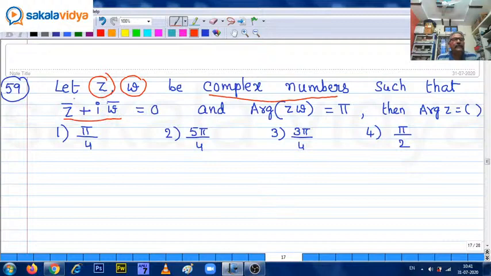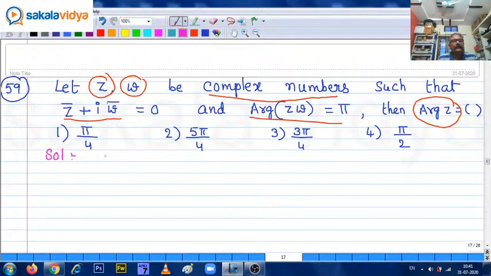Z bar means conjugate complex number of Z, omega bar means conjugate of omega. Then arg of Z times omega is pi, given. We need to find out the argument of Z. Okay, I will try my level best now. I have the plan like this. Just check it, all of you.